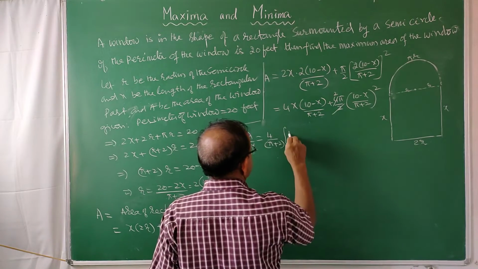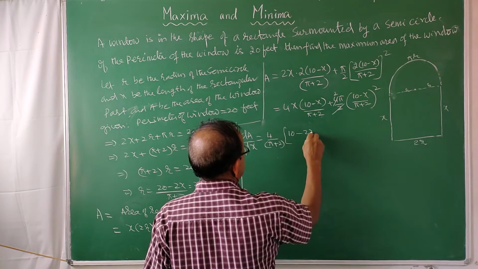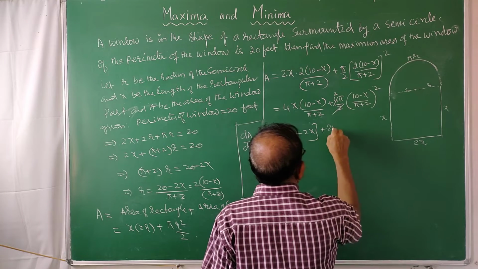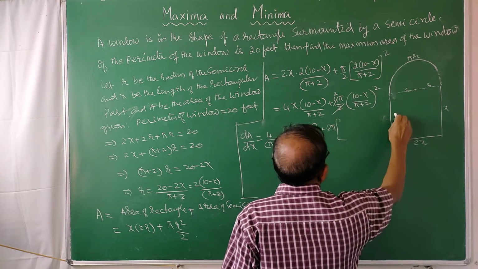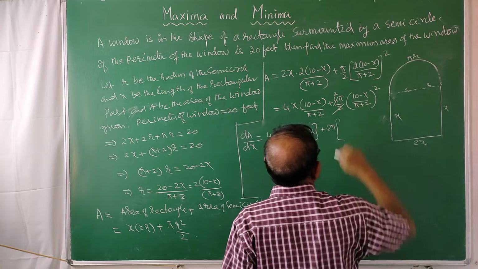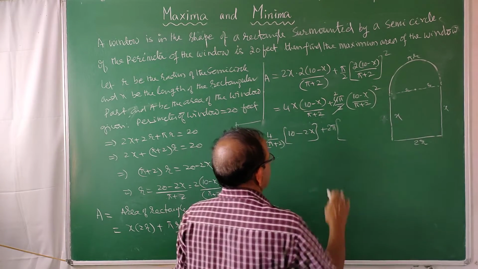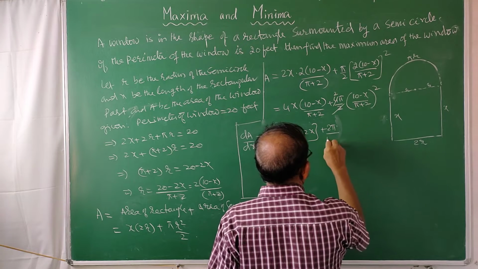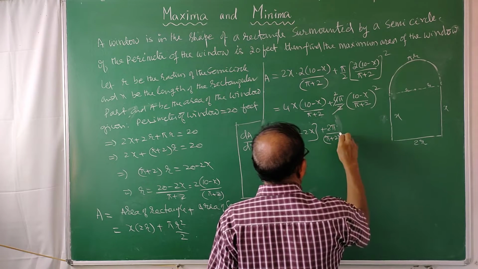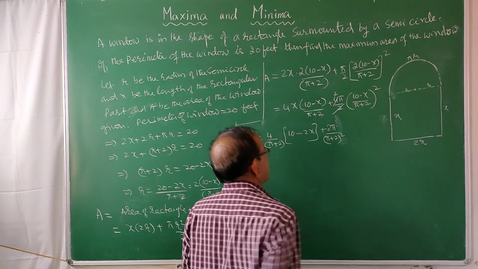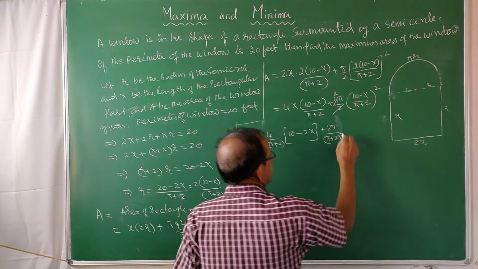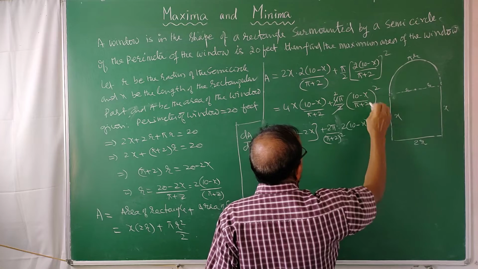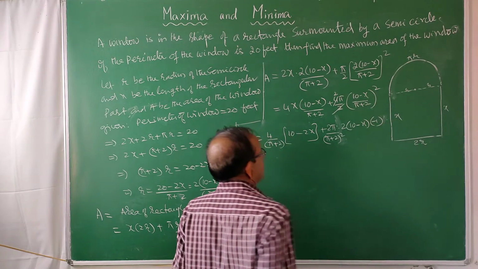10x derivative is 10, x square derivative is 2x, so 10 minus 2x, plus 2 pi into, now its whole square is there. And one more thing, (pi plus 2) whole square is also constant, 2 pi by (pi plus 2) whole square into derivative of (10 minus x) whole square, that is 2 into (10 minus x) into derivative of (10 minus x), which is minus 1.